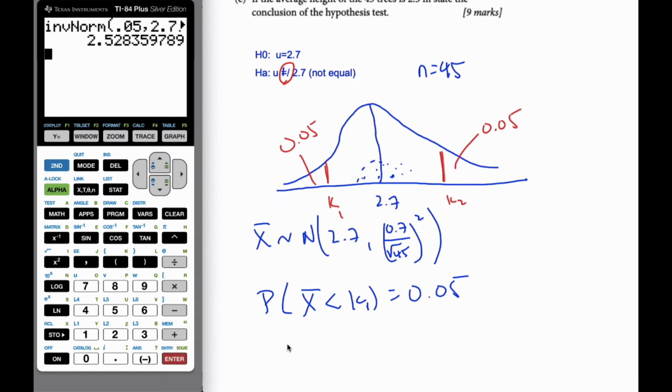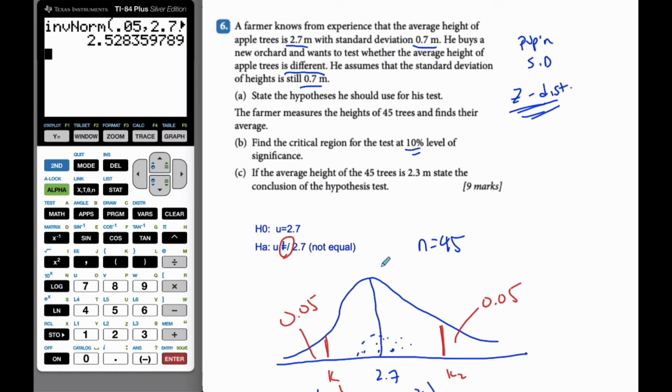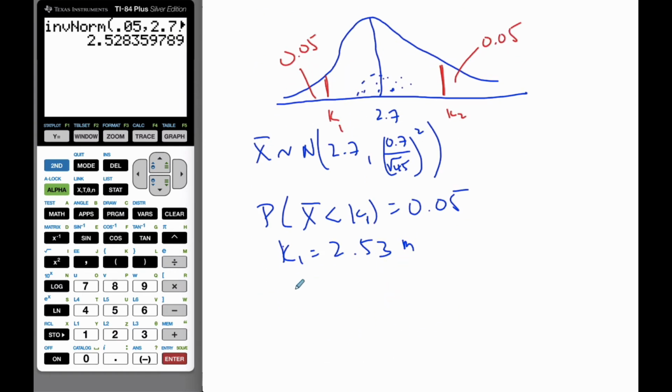And that gives me that k1 is equal to 2.53 meters. This is in meters. And when I do the probability that x bar is bigger than k2, it has to be 0.05.